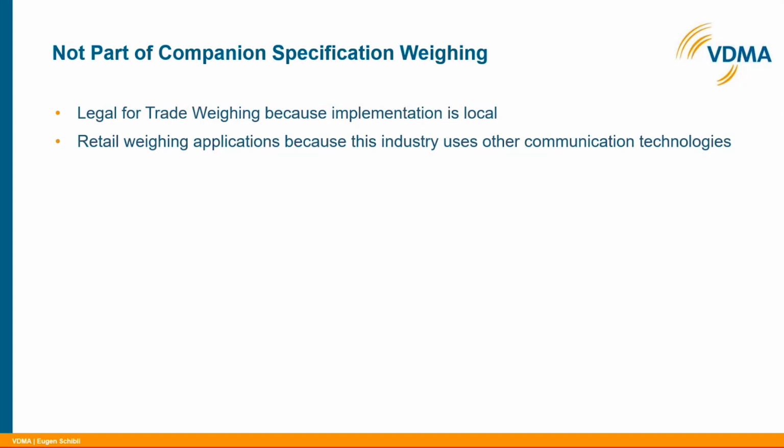They have the most sophisticated applications and process control, and the huge supermarket companies usually have their own communication technologies, and they have different requirements than we have in industry, in manufacturing, and in research. So the work group decided not to work out a scale type for retail weighing.